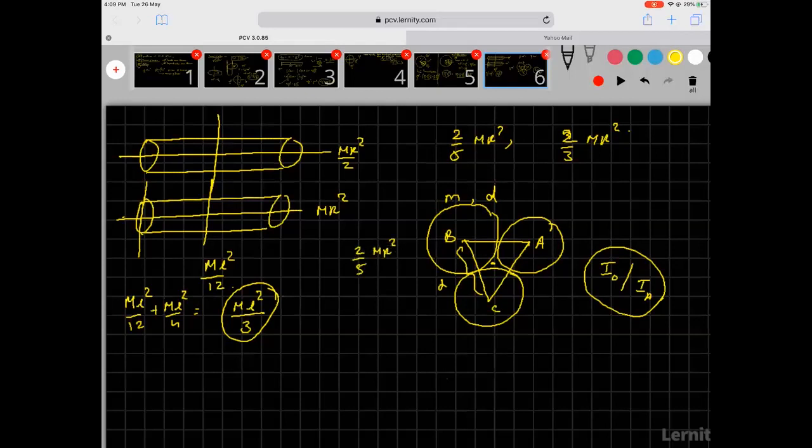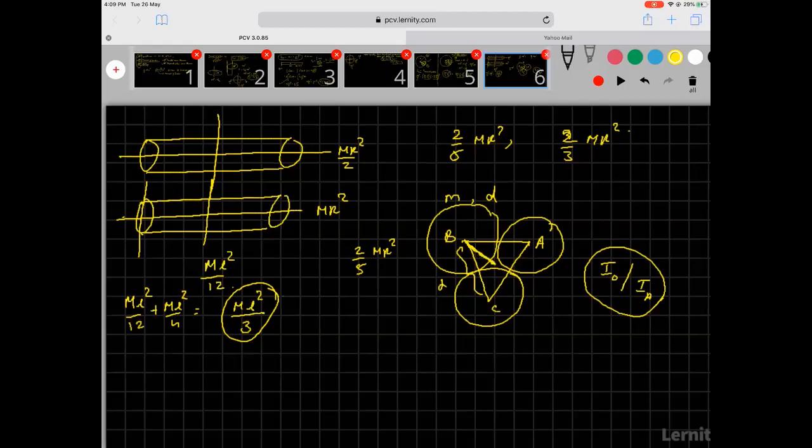Now what you have to do is find out that distance and then again do the parallel axis theorem. You have to apply the parallel axis theorem and multiply 3 times. So it will become 3 into 2 by 5 mr squared.